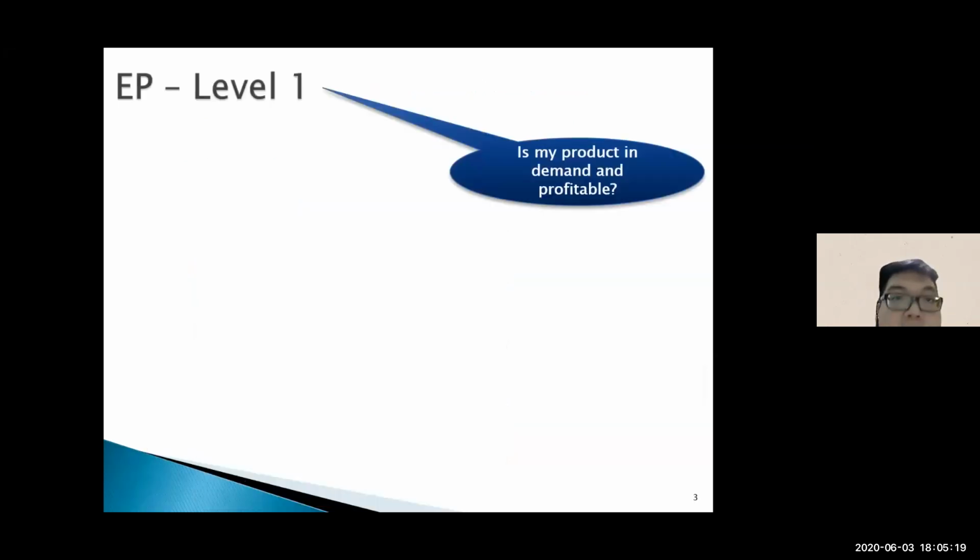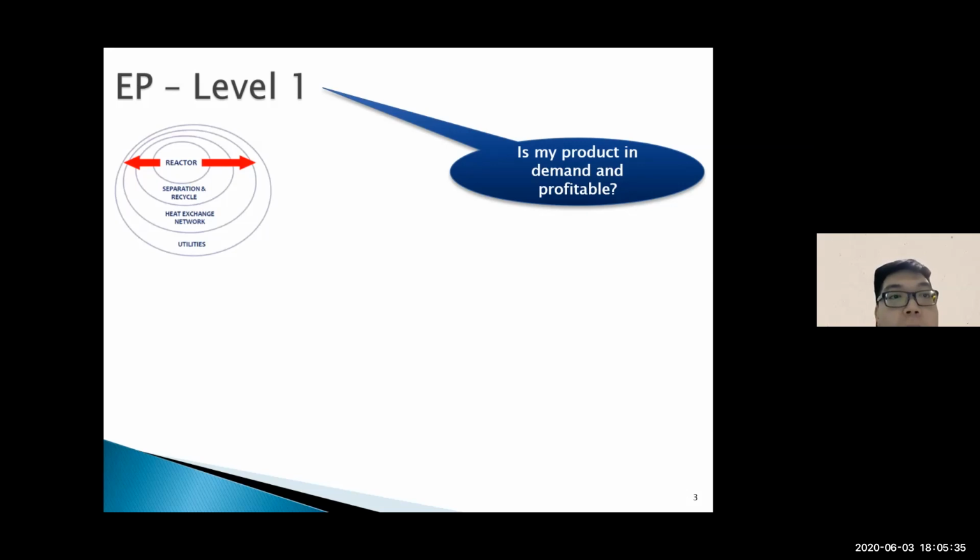The first one that we will look into is the EP level 1. For the EP level 1, you should be asking yourself whether your product is in demand and whether it is profitable. As maybe you have learned in process design, we normally start from our reactor and go out to utilities according to this onion model.